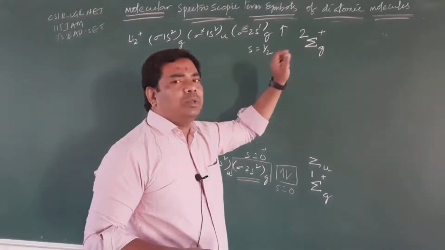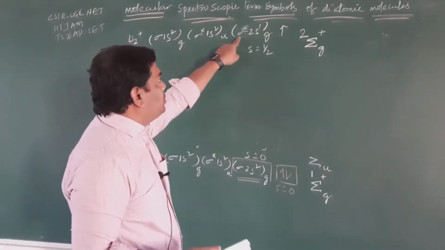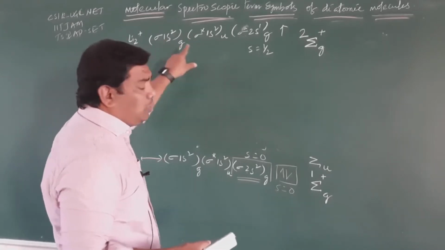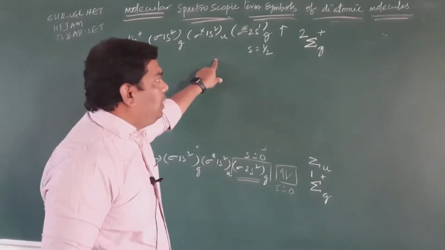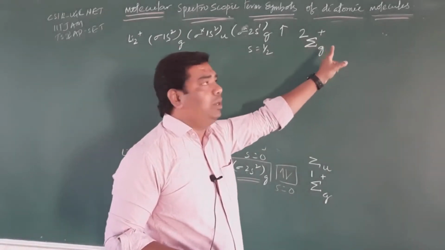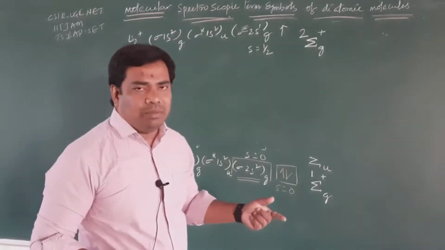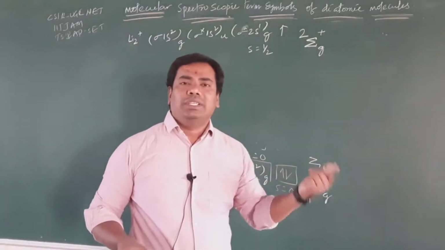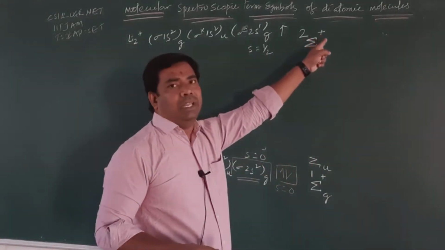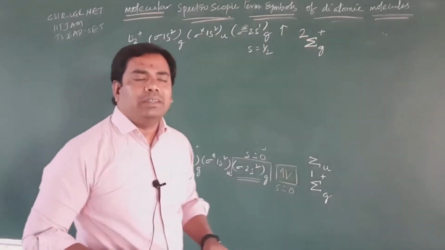If the electrons are present in the sigma level, meaning sigma 1s2, sigma star 1s2, sigma 2s2 and so on, please write plus only. Don't write negative. In all these cases, please write plus as the superscript for all these molecules.